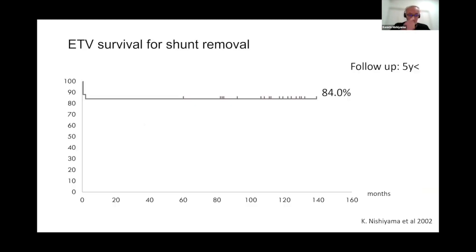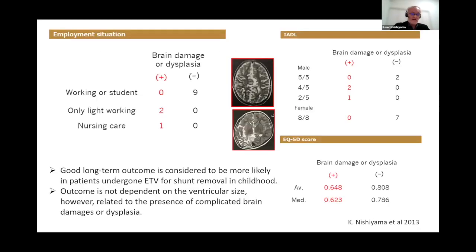In patients with these criteria, the 5-year shunt-free ETV survival was 84% in my cases. Thereafter, I followed the long-term functional results using quality of life scales, such as instrumental ADL or the EQ-5D. According to that, good long-term outcome is considered more likely in patients who underwent ETV or shunt removal in childhood.